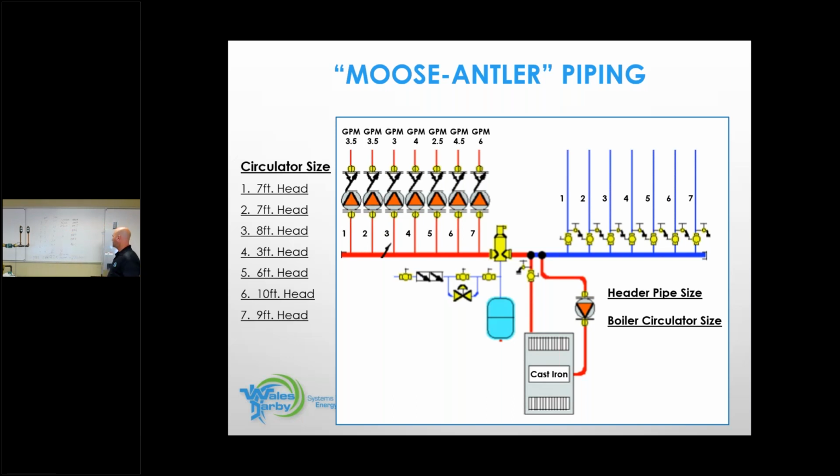So that's what that job would look like if you went through every single one of those categories and sized your circulators, your piping, your boiler piping, and your boiler circulator to get that 270,000 BTU out of that cast iron boiler up to the header, so those circulators could take that energy and send it through the heat emitters, come back cooler, and be reheated. That's what that job would look like, breaking it down.